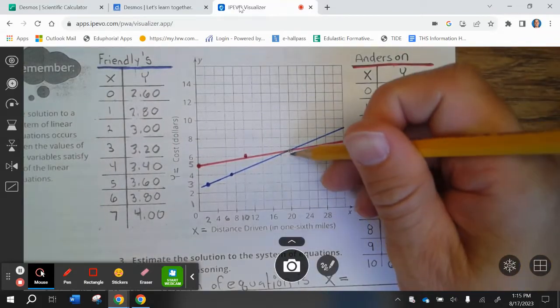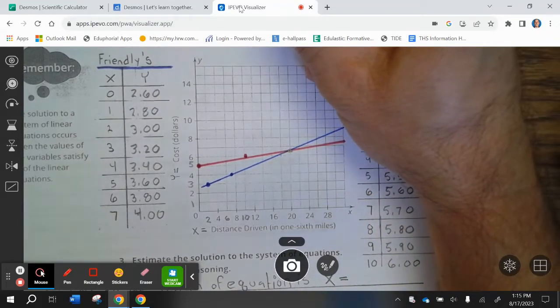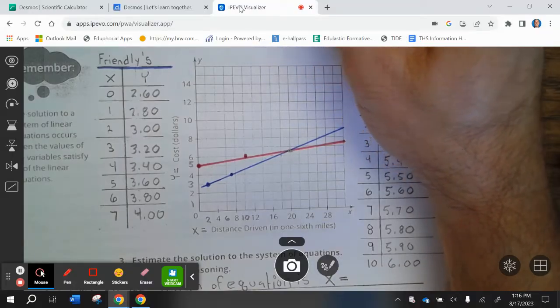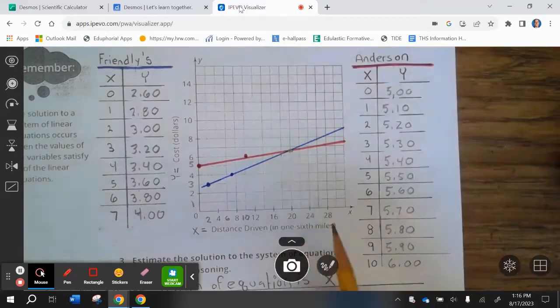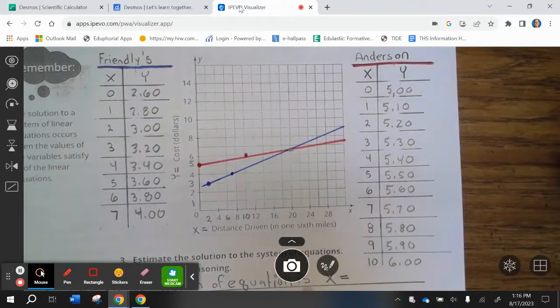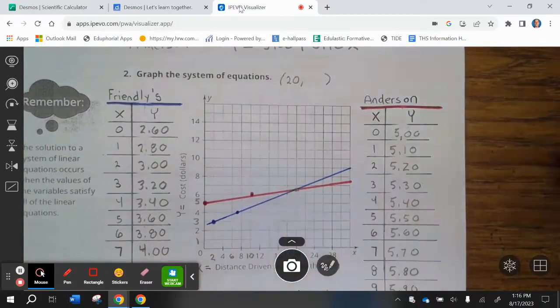We can see that it's 20, comma, but it's a little hard to see exactly what that y value is. So let's go ahead and use Desmos to find that exact point.